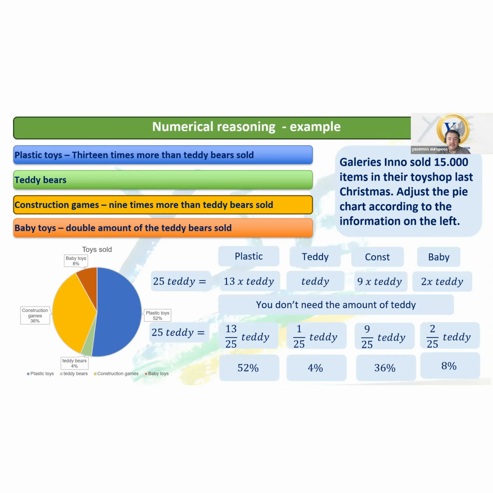And the beauty of it is that once you have the 4, the 36, and the 8 percentages for teddies, construction, and babies, you just move the bars and automatically you will have the 52 for the plastic. By adjusting 3 types, the fourth is automatic. You don't need to adjust it.